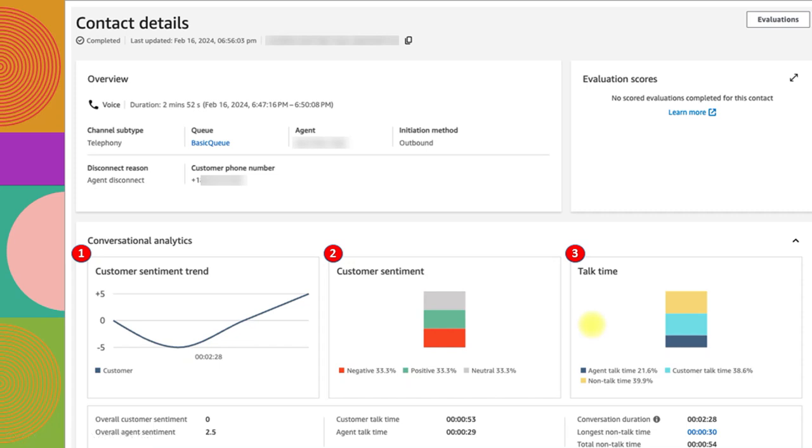This is interesting because it gives you another perspective. The agent talk time was 21%. The customer talk time was 36%. Now this is a little concerning. The non-talk time, that's a lot of waiting around, a lot of no conversation happening.